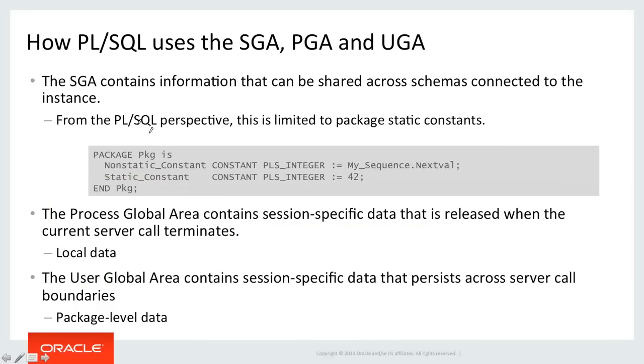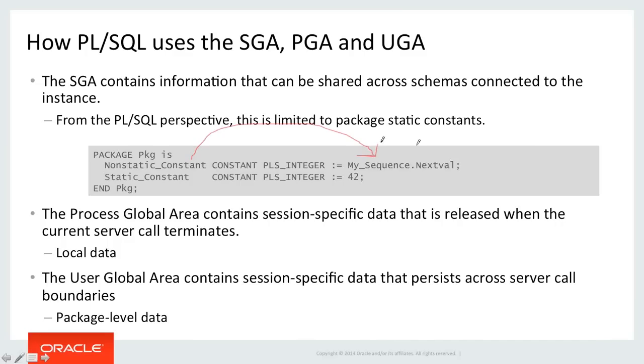There's a slight tweak though. If you have a package that contains a static constant, and a static constant is a variable declared as a constant whose value never changes across different sessions and different users. So if I have 1,000 different users using this package, the static constant will always have a value of 42, but for all 1,000 of those sessions, a non-static constant will have a different value.